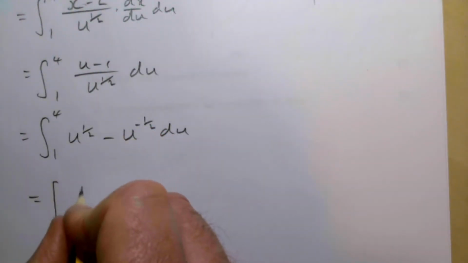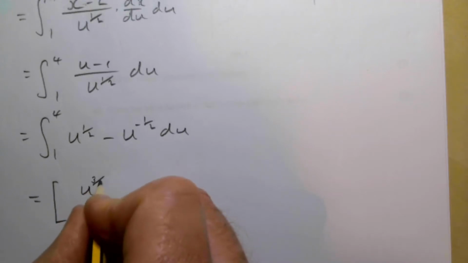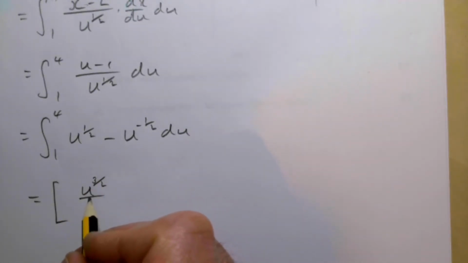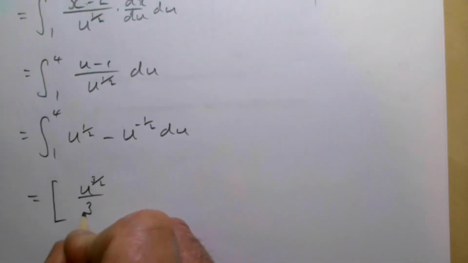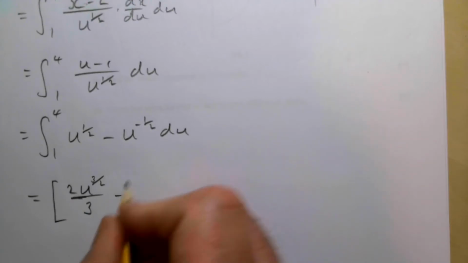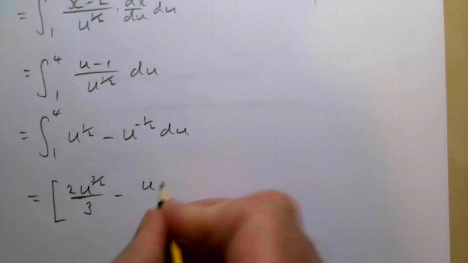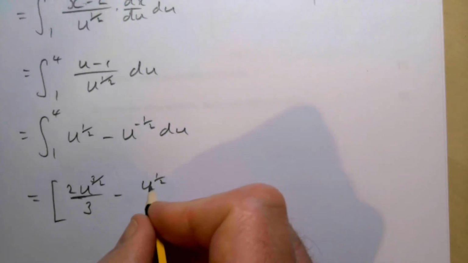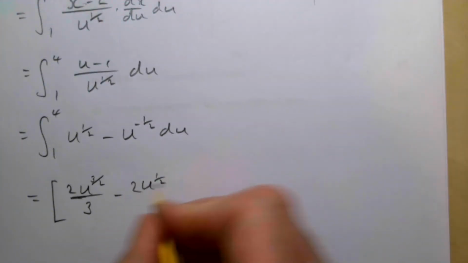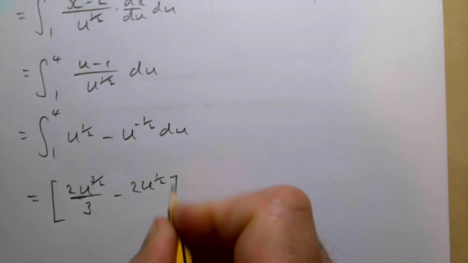Integrating then, add 1 to the power, u to the power of 3 over 2, divide by the new power, so I'm dividing by 3 over 2, so that's the same as multiplying by 2 over 3. I can do that. Add 1 to the power, that gives me u to the power of a half, and divide by the new power, so dividing by the half then is the same as multiplying by 2, and that's 4 and 1.